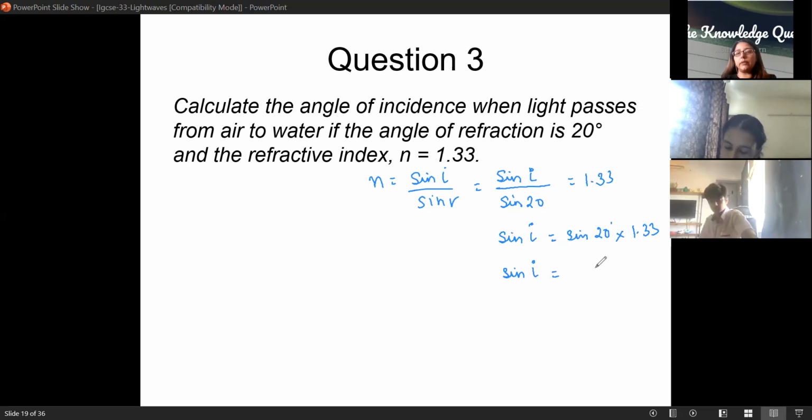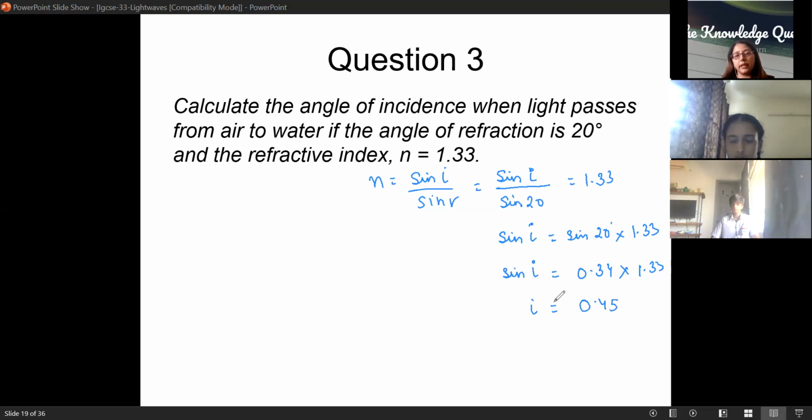Yeah, Trisha, now you tell me the values. Sine 20 is how much? It's 0.34. And multiplying by 1.33, what answer is coming? It's 0.45. 0.45.